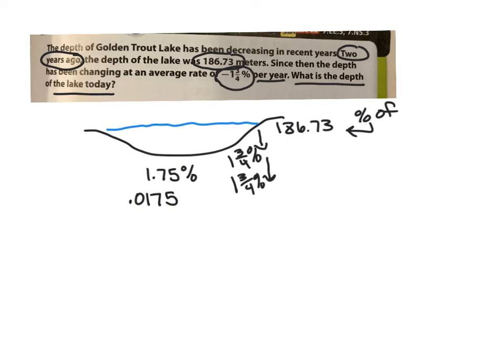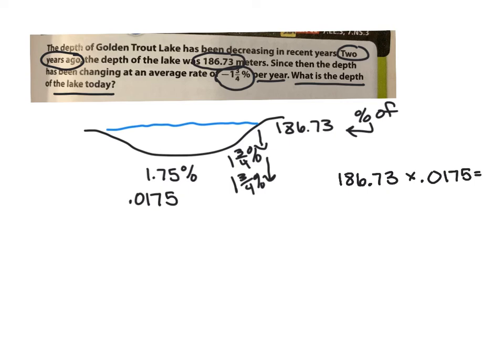After 1 year, it was 186.73. After 1 year, it shrunk by 0.0175 of that, of being a multiply word. So to find out what it was after 1 year, we're going to multiply this times this, so that we can know what we were left with. 186.73 times 0.0175.